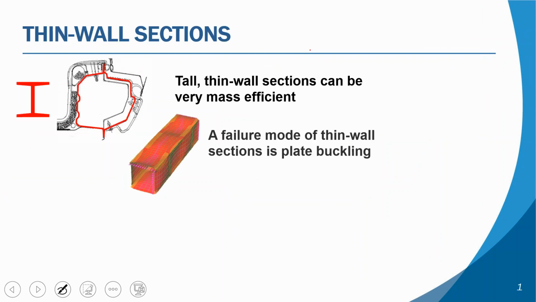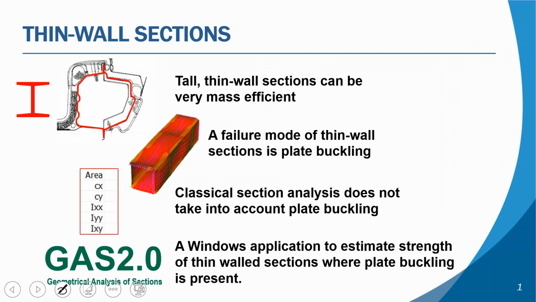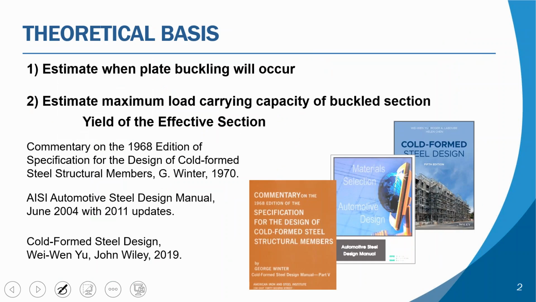Let's go back right to here. So there's 3 references here that I would recommend on a question like this. Cold Formed Steel Design is a very famous book that goes into this, and will tell you which effective width is used.